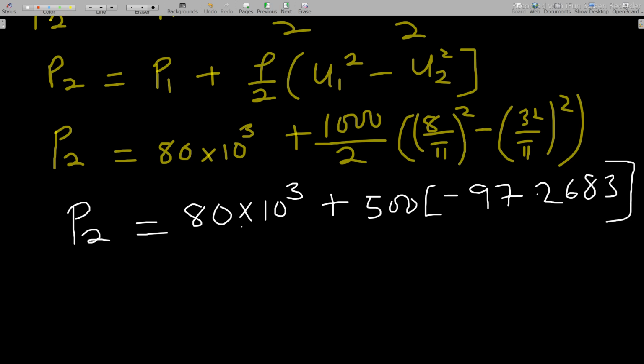So if that is the case, then my P2 here will be equal to 80 times 10 to the power 3 plus 500 times the bracket negative 97.2683.